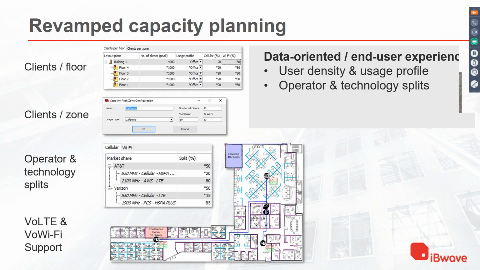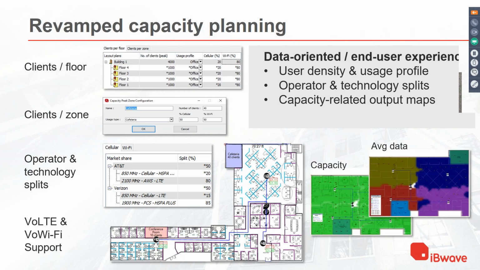But you can also have a split with Wi-Fi technology as well, so you can have different splits. And you can also enable or not voice over LTE or voice over Wi-Fi on a per operator basis, because different operators may have different schemes. So this will all have an impact on how the capacity is calculated.